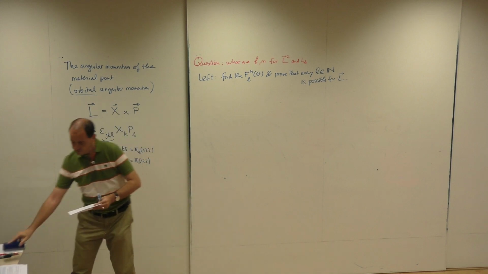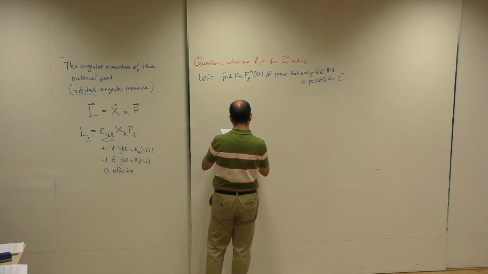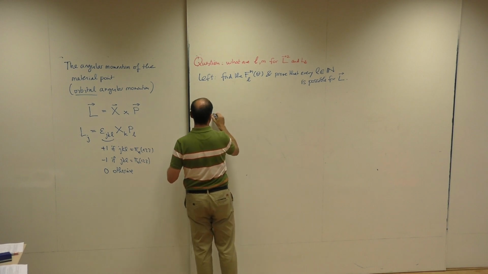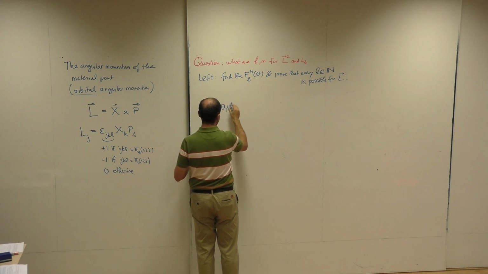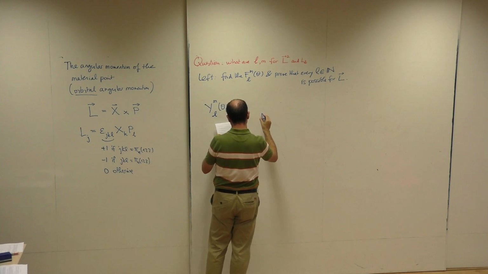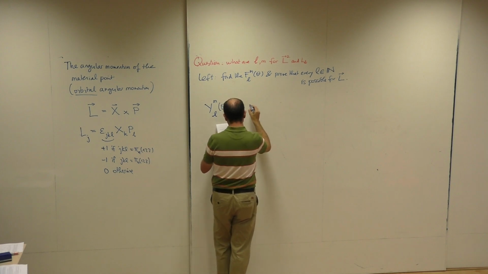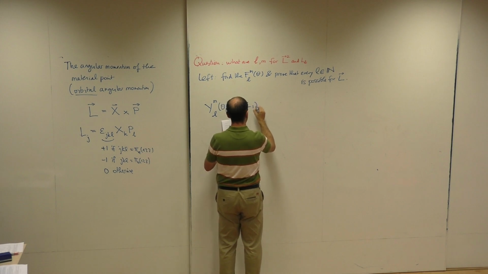The final thing is this. The Y_L^m of theta and phi, never remember in which order you go, is found to be something that looks like that. Okay, I will write the obscene formula, then I will comment about it.